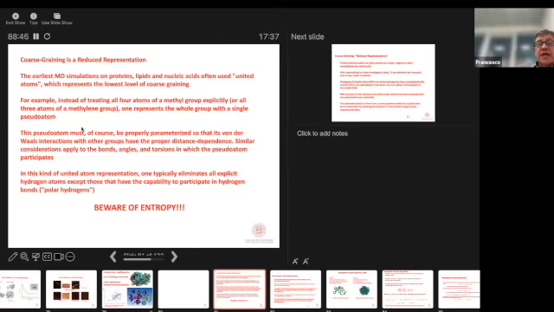The first coarse graining that chemists ever did was to use a united atom approach. What's the united atom approach? CH2 is a methylene fragment, CH3 is a methyl fragment. What they did was to take all the hydrogens and put them to reside, so to speak, on the heavy atom, so that a fragment would be represented by a single particle.